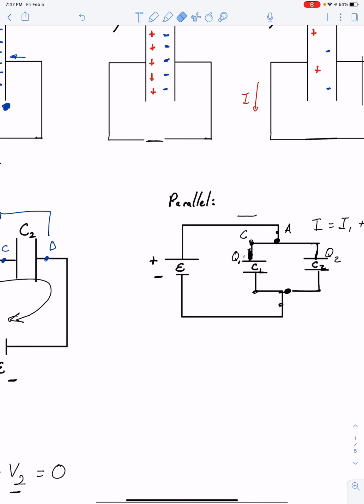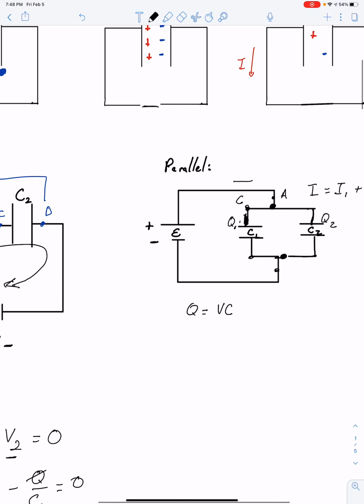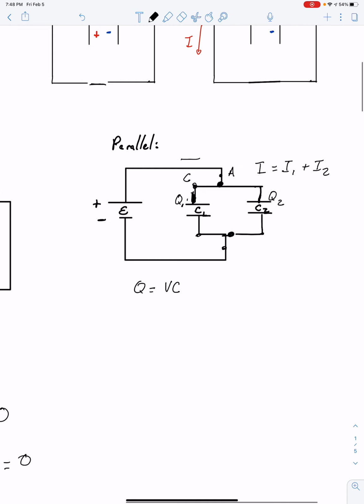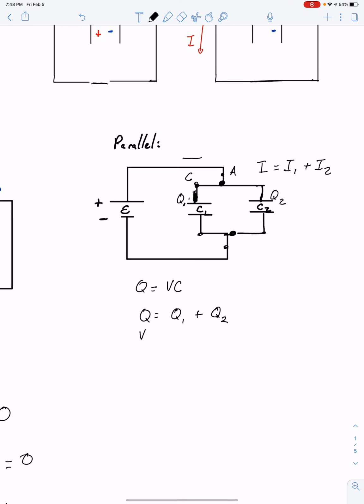Thus, if we rewrite our equation as charge equals voltage times capacitance, and we follow Kirchhoff's rules, the sum of the charge is equal to charge 1 plus charge 2, and we rewrite this as V, voltage constant, C equivalent, meaning C for the whole circuit, equals C1 plus C2, and the voltage too, don't forget that, and we cancel these out.